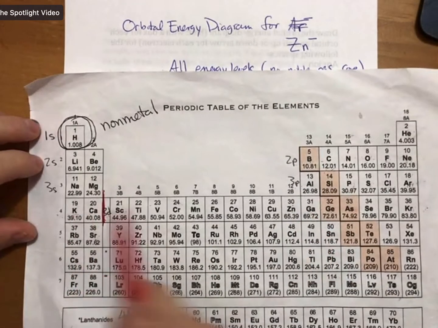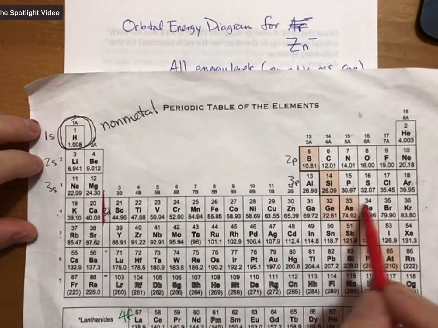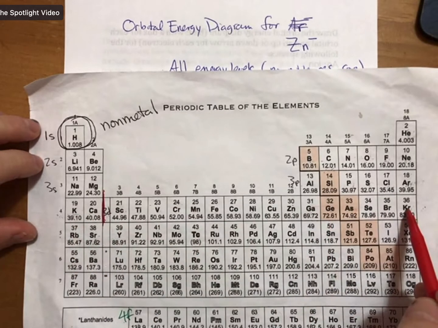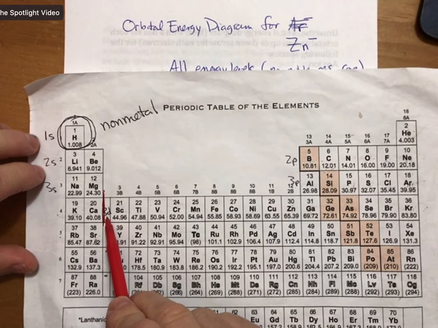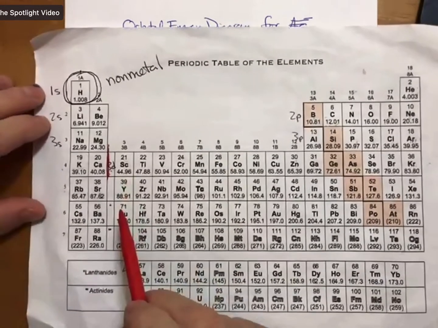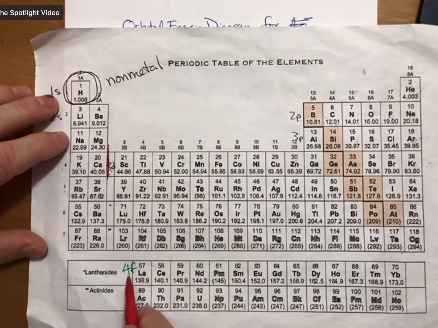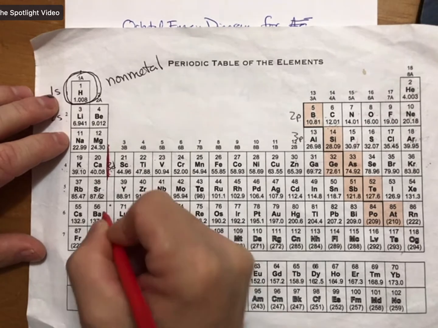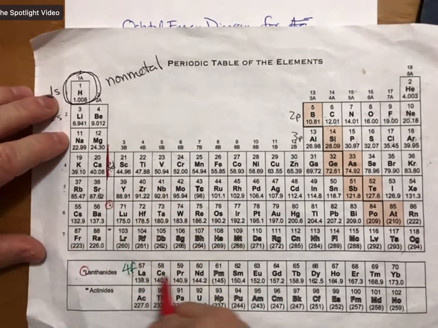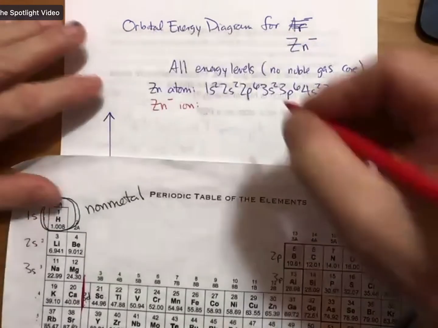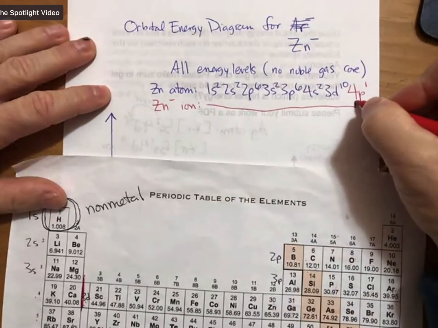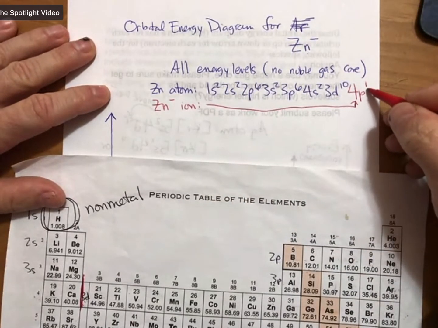The 4s's and the 4p's are always directly across from each other. It's only the 3d's that are one behind. You can see this is the 4f area, and 4f fits in right here. After 56, you go down to 57. Anyway, the ion just adds the 1 electron there.